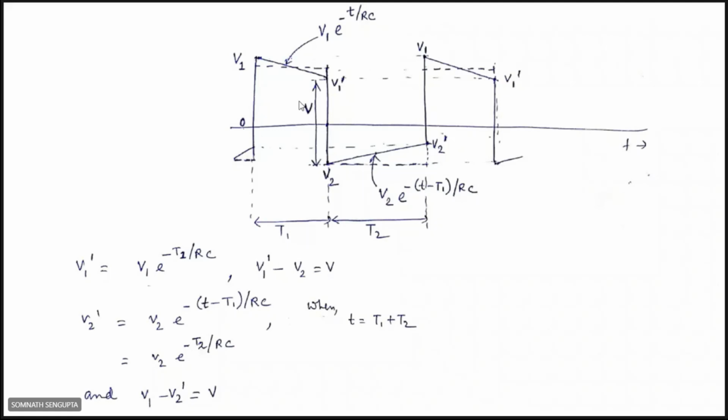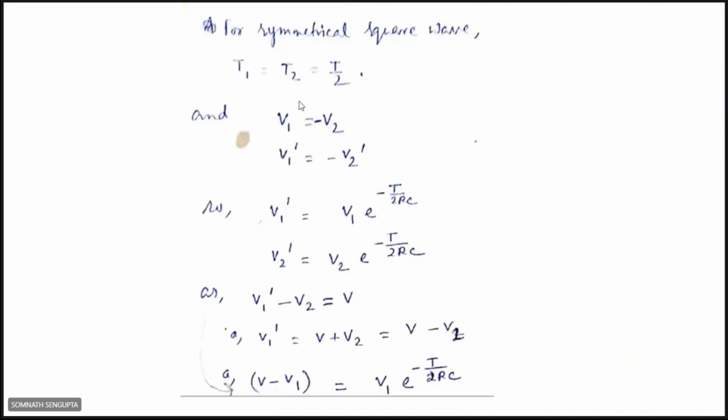That means T1 is equal to T2 is equal to T by 2, where T is the time period of the square wave. These time durations are the same: on time and off time durations are the same.